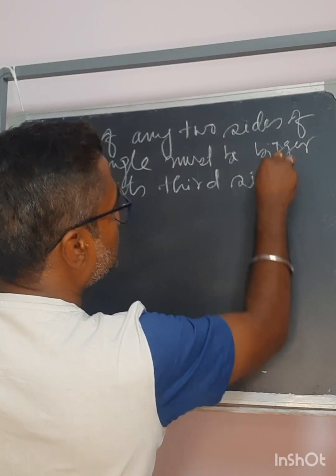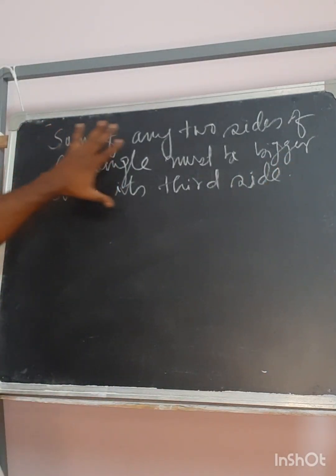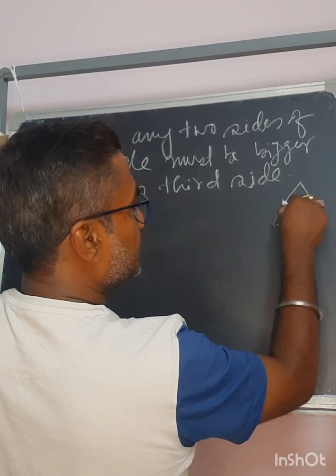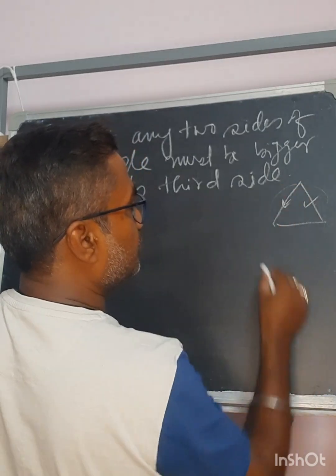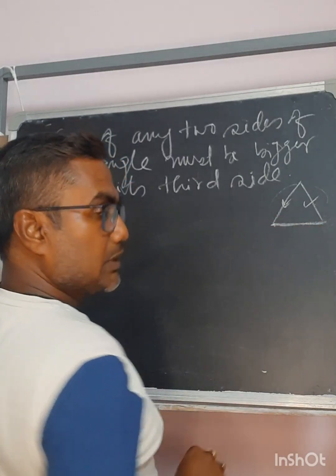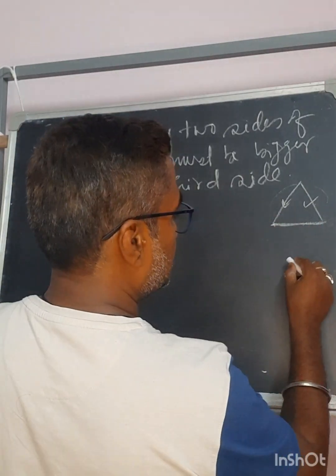This is very simple. That means if I draw a triangle and take any two sides and sum their values, it must be greater than the third side. How is it like that?